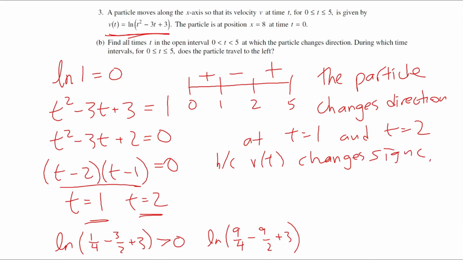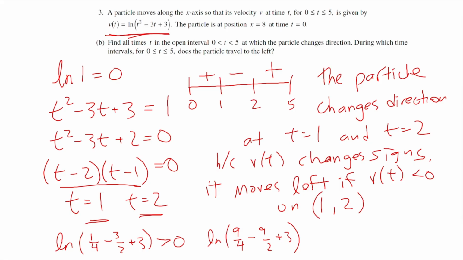And it also wants to know when it is moving left. It moves left when its velocity is less than 0, on the interval from 1 to 2. And so that answers everything it asks.